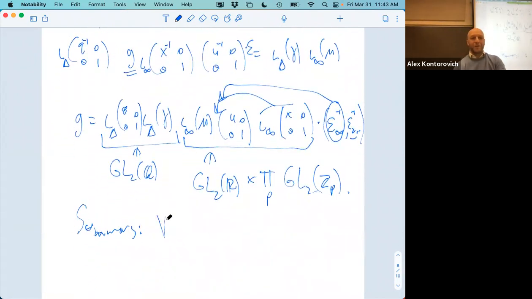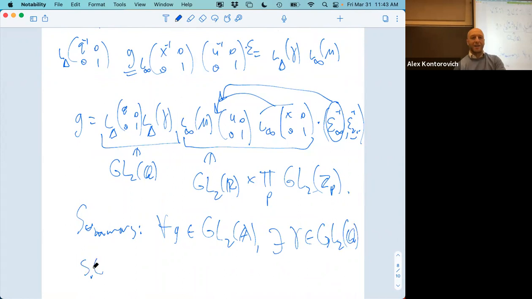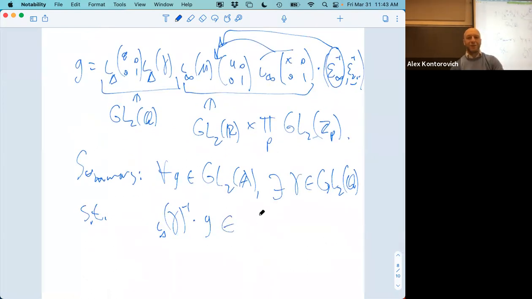Okay, so in summary, for all G in GL2 of the Adeles, there exists a gamma in GL2Q such that G is equal to the diagonal embedding of gamma times, let me say it like this, if I invert this times G, I'll get into GL2R cross the product of GL2ZPs.